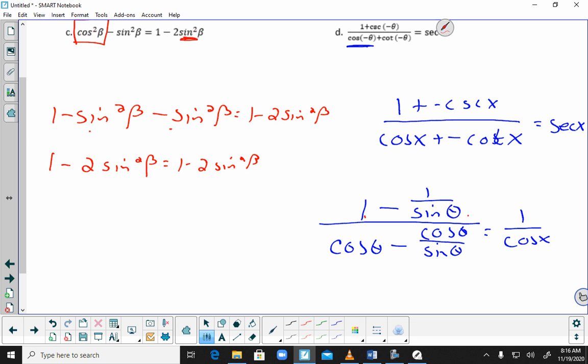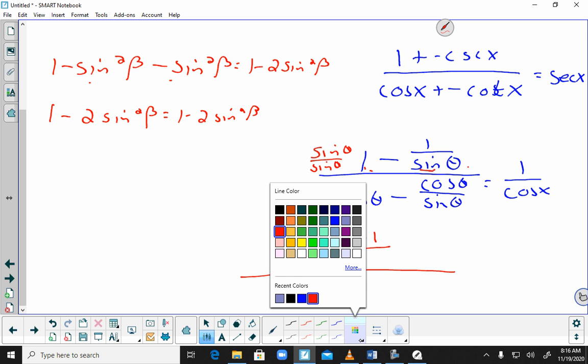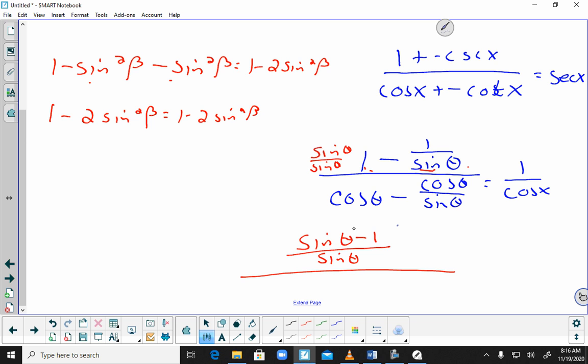So in order to add these 2, I need to have a common denominator, which is sine. So I'm going to multiply this 1 by sine theta over sine theta. And when I do that, my numerator is going to be sine of theta minus 1 over sine of theta. In the denominator, this is understood to be over 1, so I'm also going to have to multiply by the sine of theta, to give them a common denominator.